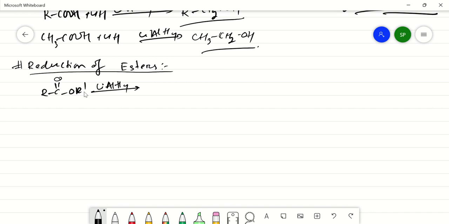This will produce RCH2OH plus R dash OH. Okay, if we consider the mechanism, let us see the mechanism.